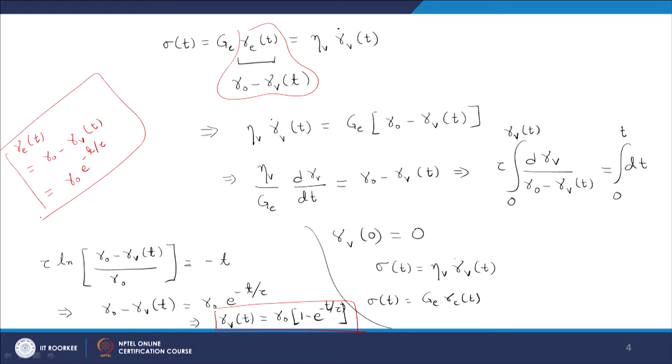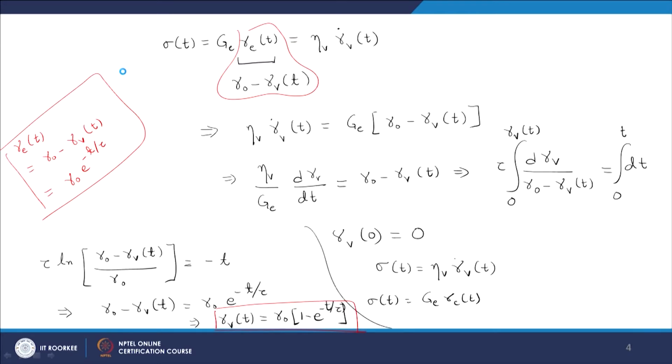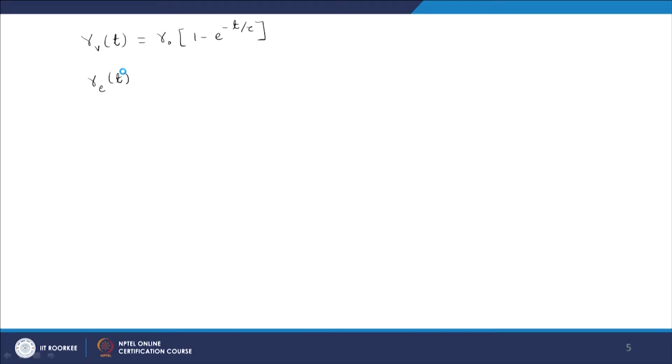Let us look at these functions that we have evaluated. gamma_V(t) is gamma naught (1 minus exponential of minus t by tau), and we have also derived gamma_E(t) is gamma naught exponential of minus t by tau.